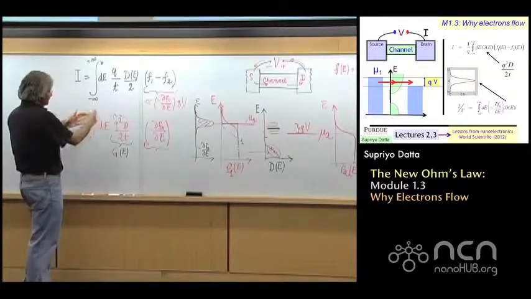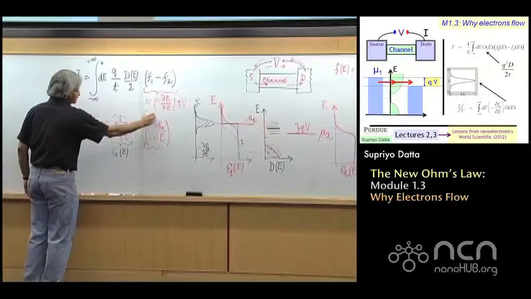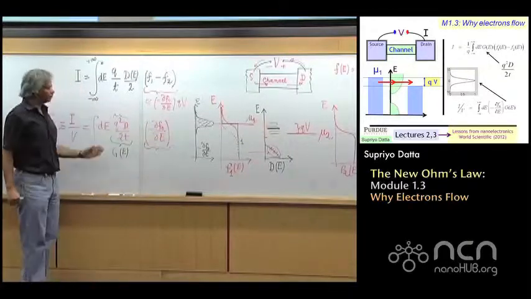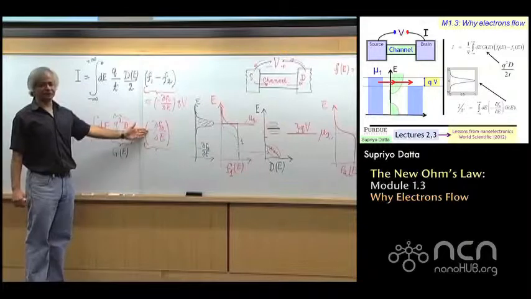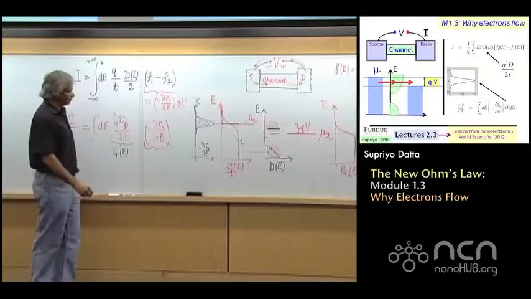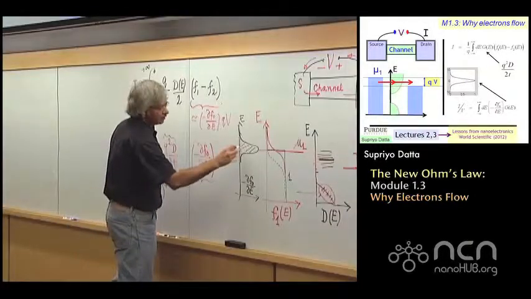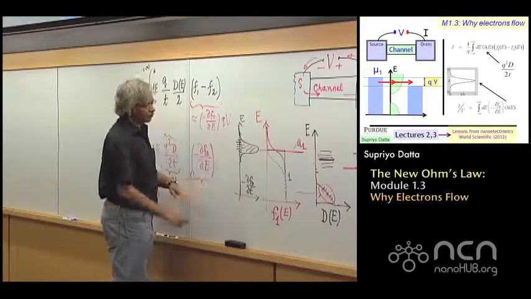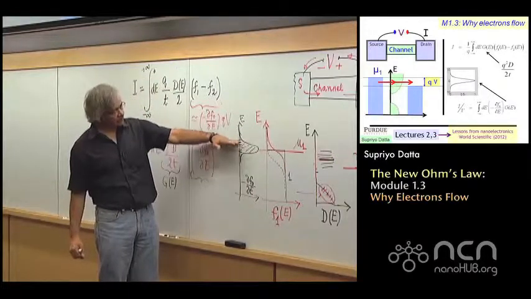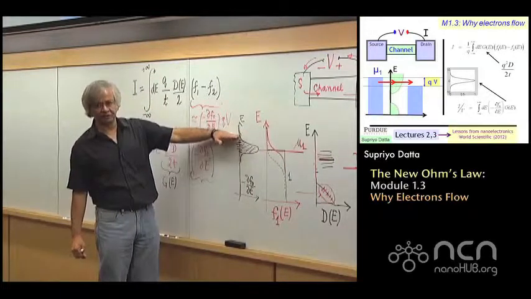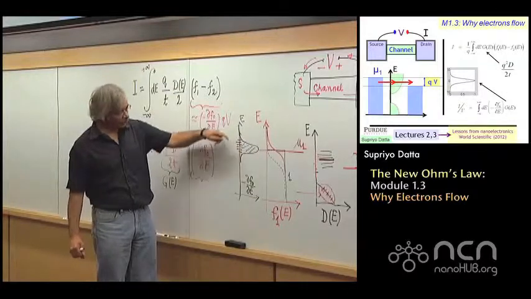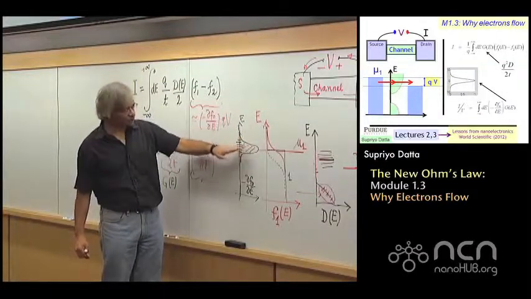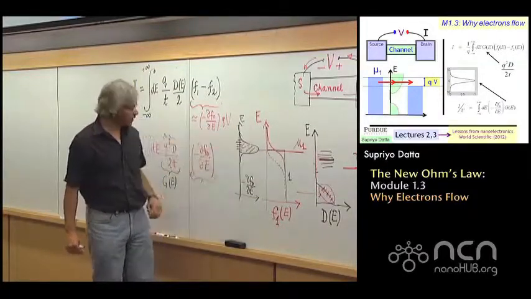And this integral over minus del F0 del E, you could think of as a sort of averaging procedure. That is, as if you have a certain conduction at this energy, at this energy it's a different one, here it's something else. And what you are doing is taking that conductance and averaging over this energy range according to this weighting function, whose area under that curve is 1.